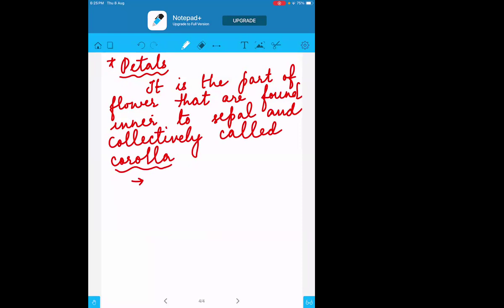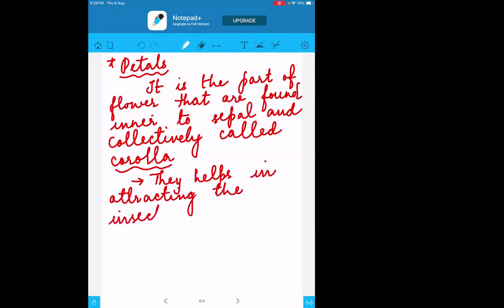Then what do they do? They help in pollination. They help in attracting insects for the pollination process. So when the insects come and sit, automatically they can do the pollination process. And why does this happen actually, why do the insects get attracted?